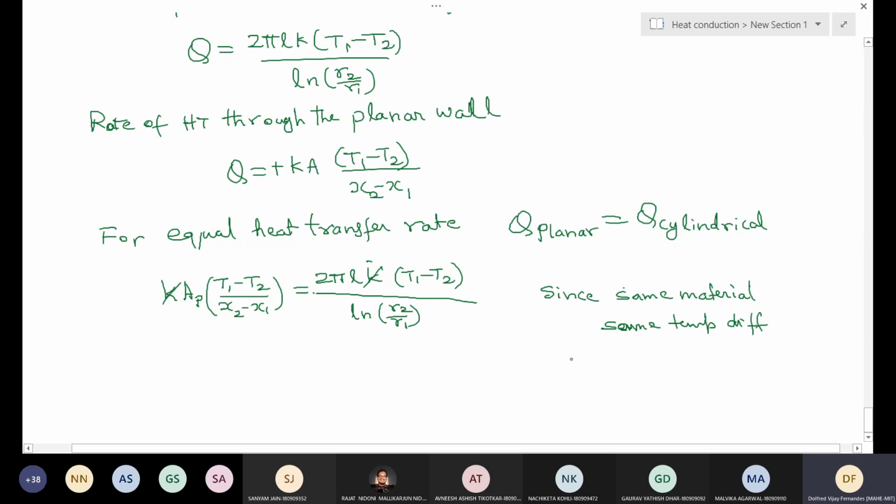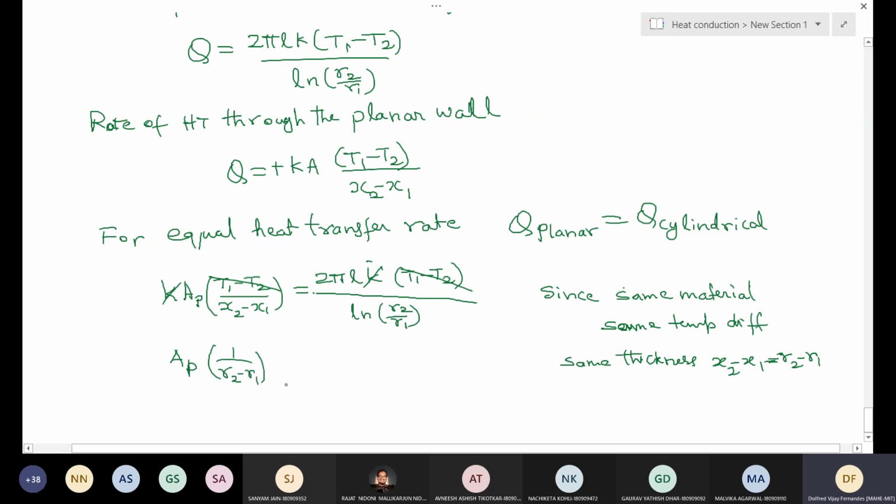And what is there is the same thickness. What does that mean? x2 minus x1 will be r2 minus r1. So I will write Ap into, T1 minus T2 is there here also, so we can remove this, 1 by r2 minus r1.